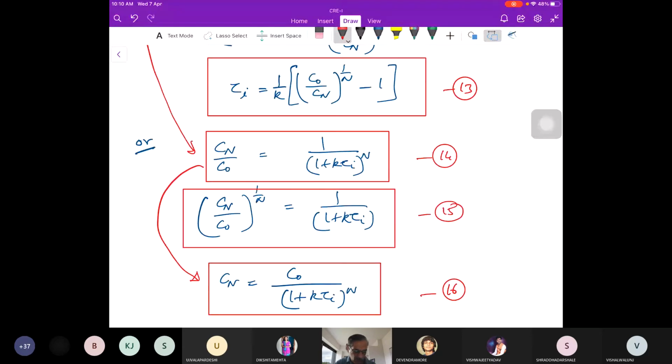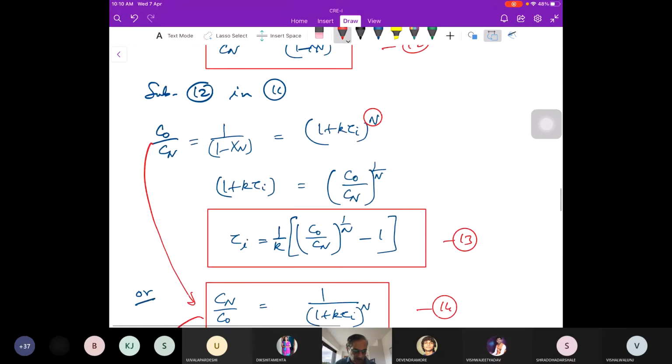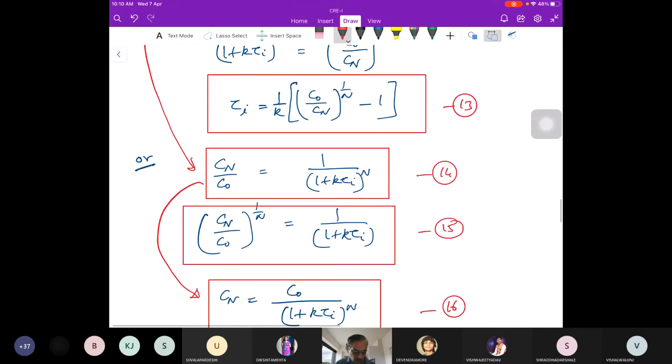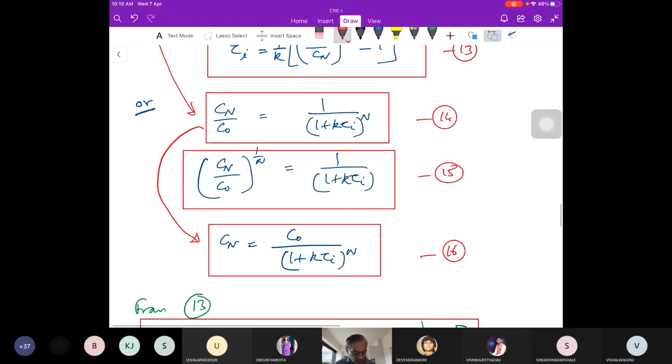Cn is equal to C0 upon 1 plus k tau I raised to power of n. So different forms of the equation. Basic equation यही है जो ऊपर आया था, but we can write different equations for the different forms of the equation depending on what we want to calculate or what data is given. Any questions?